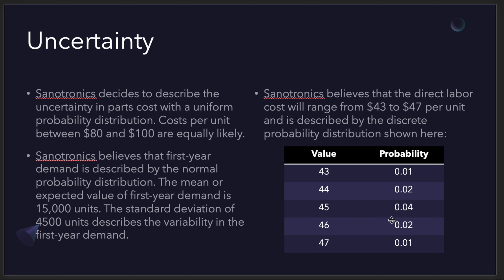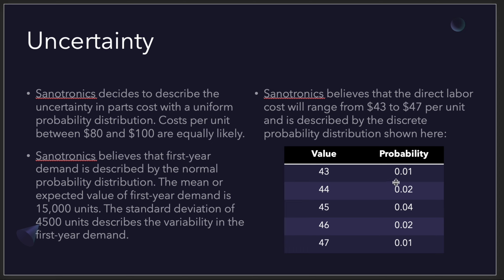And finally, the labor cost they are going to assume follows a discrete probability distribution, which takes these particular values. So labor cost can be either 43, 44, 45, 46, or 47, one of these five values only. It cannot be 43 and a half or 45.25 or any of the other numbers. It can only be one of these five values with these probabilities.